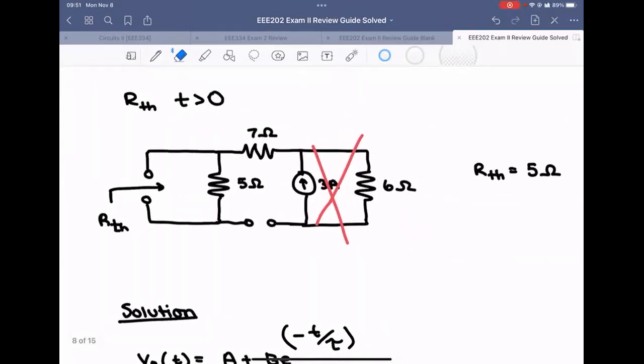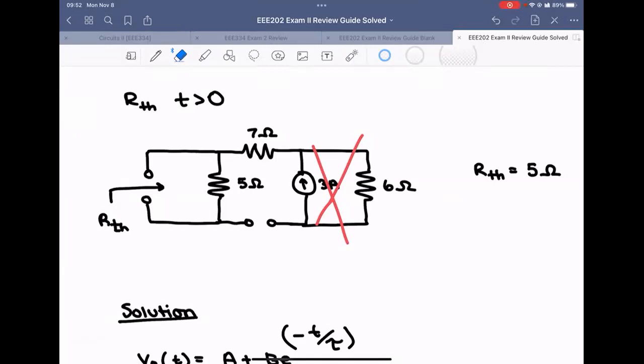And now we need to find R Thevenin. If you remember, R Thevenin comes up a lot as well. You do it at time greater than 0. And you need to make sure you kill your independent sources. Now, if your independent source is a voltage source, a 0 volt voltage source is a short.